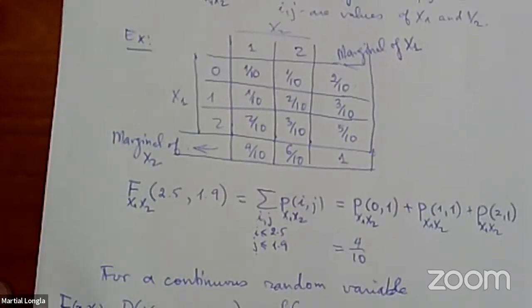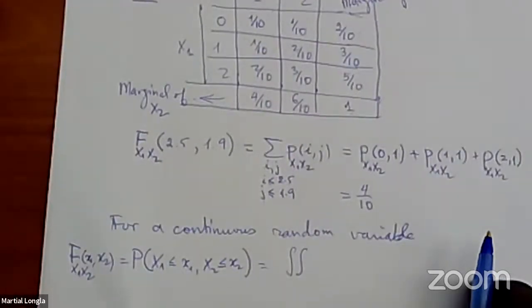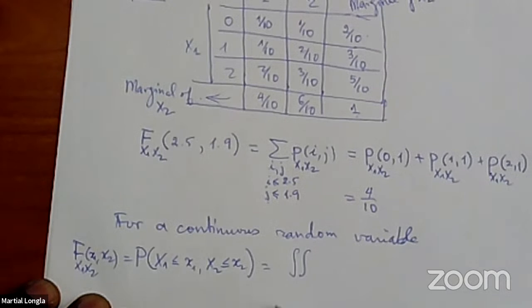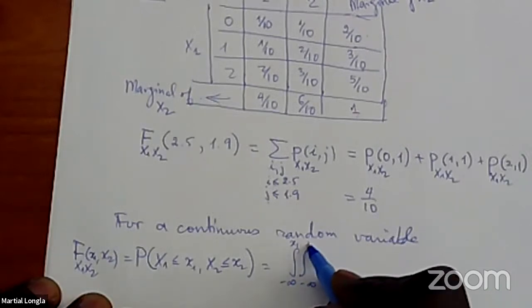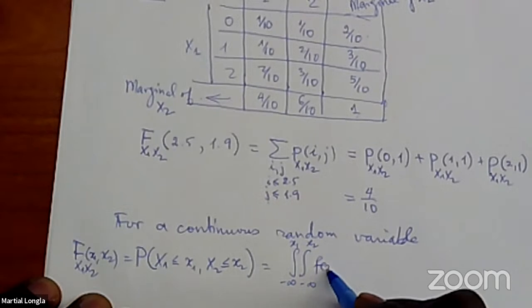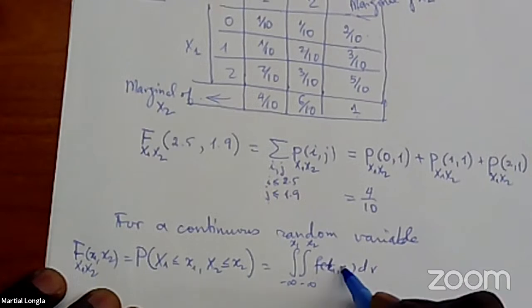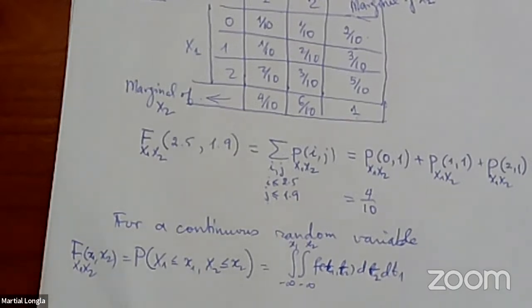And this would be an integral. So you have to take that joint distribution and integrate from negative infinity to x2 and integrate from negative infinity to x1 together, to get the joint distribution.